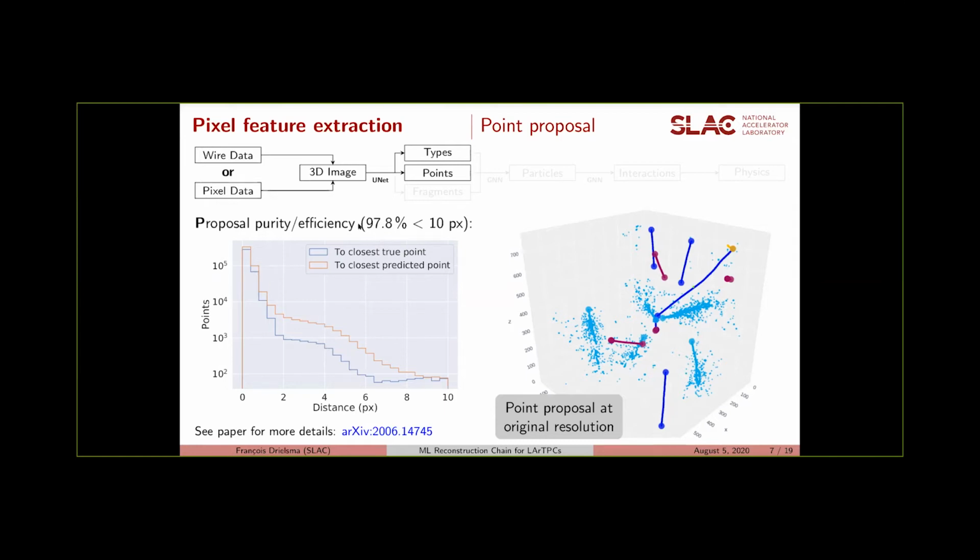If you look at the fraction of predicted pixels which are within 10 pixels of a true label point that you're trying to predict, you can see that this figure is 98%. This means that the network is very efficient at finding points where we want it to find points. Again, if you want more detail, please check out this paper.